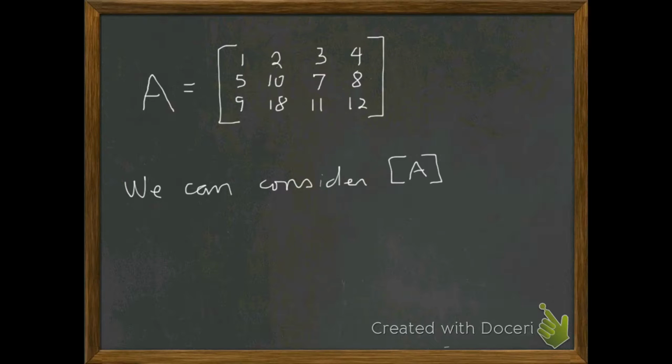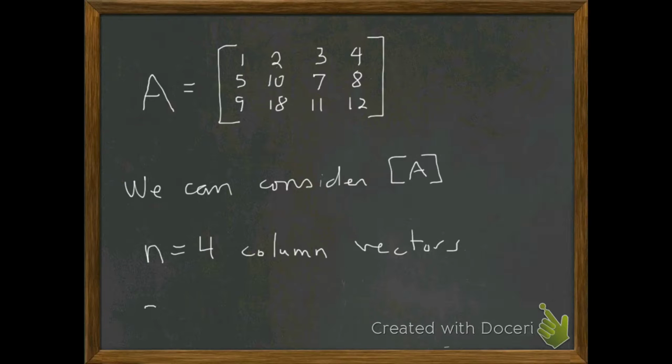In this case, we can think of this as being constructed from 4 column vectors.